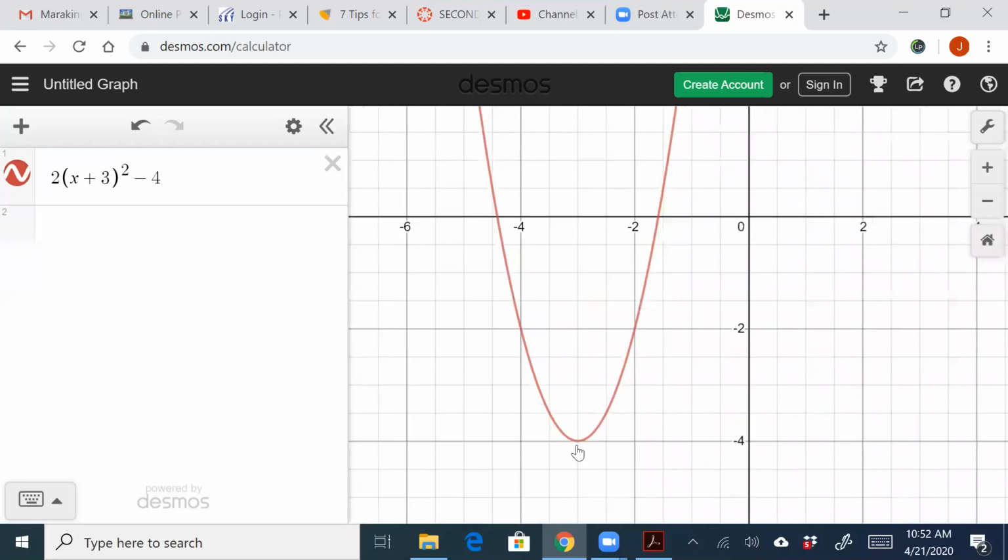So this point right here only includes the values from x greater than or equal to negative 3. So only to the right here.